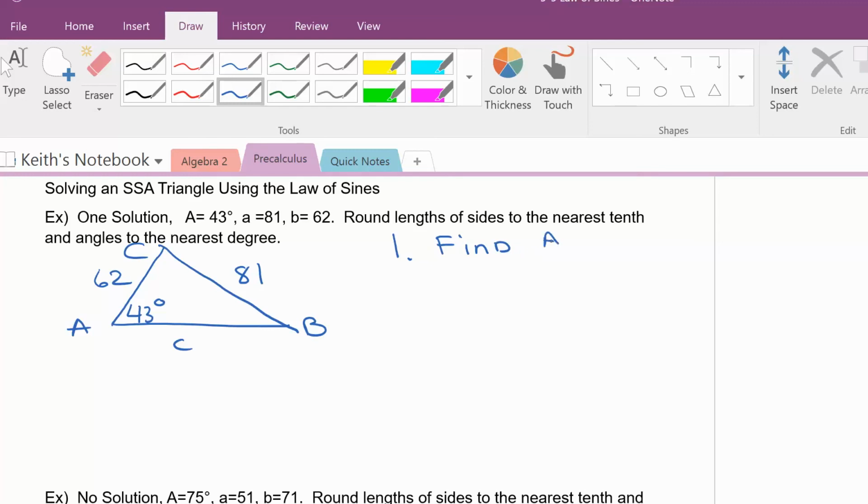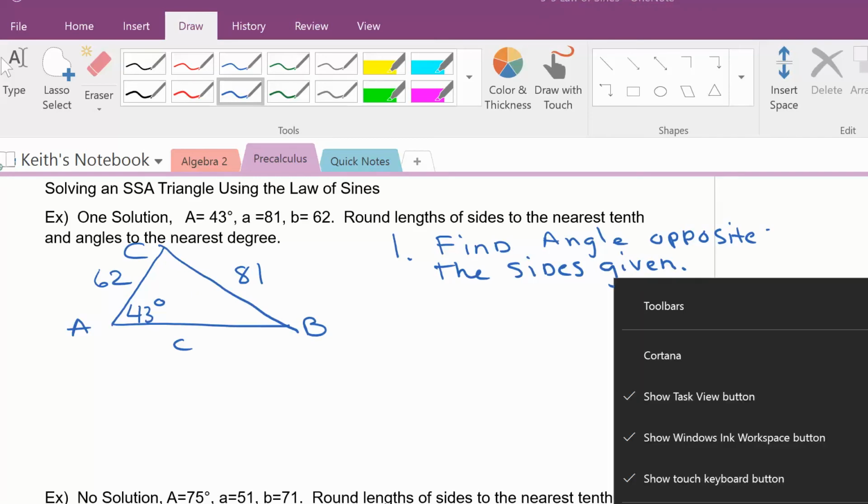Okay, so the first thing we're going to do is find the angle opposite the side given. So we know angle A and side A, and we know side B. Now we're going to find angle B. So we're going to use the law of sines.